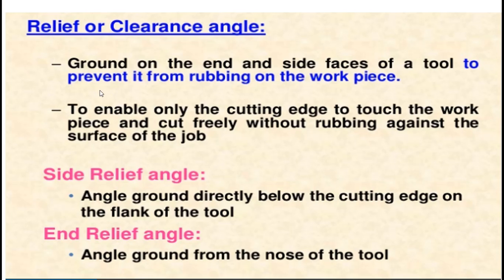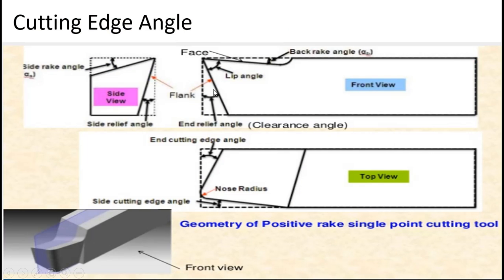This portion is ground so that direct contact of this face with the workpiece is avoided. There are two relief angles, the end relief angle and the side relief angle.